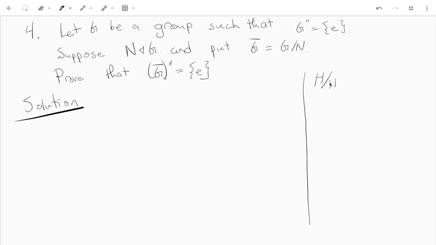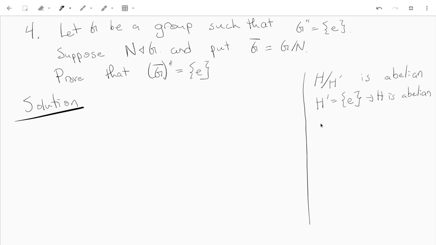H mod H prime is abelian. That's one property. So as a consequence, if H prime is the identity, then H is abelian. Okay, that could be useful.